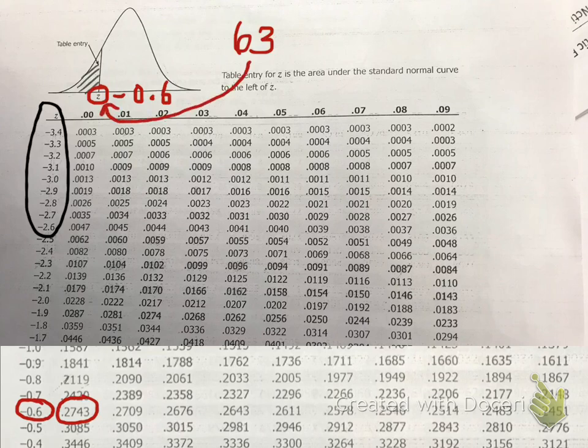We got the mean, or the average, right down the middle at 64.5. A 63-inch woman is right here, and the probability of someone shorter than that is 27%. So let's go back.